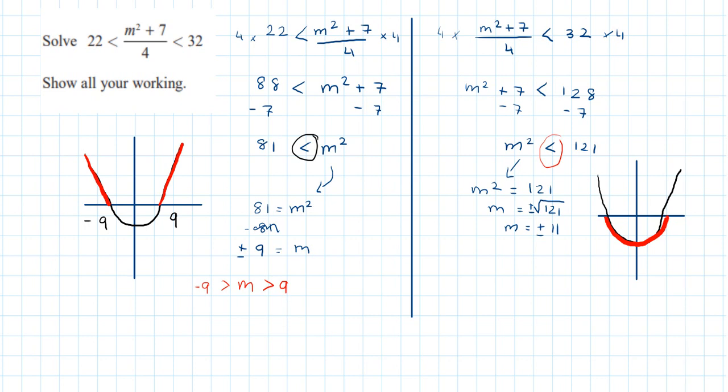That's minus 11, that's 11. So m has to be less than 11 and greater than minus 11 to be in the red region.